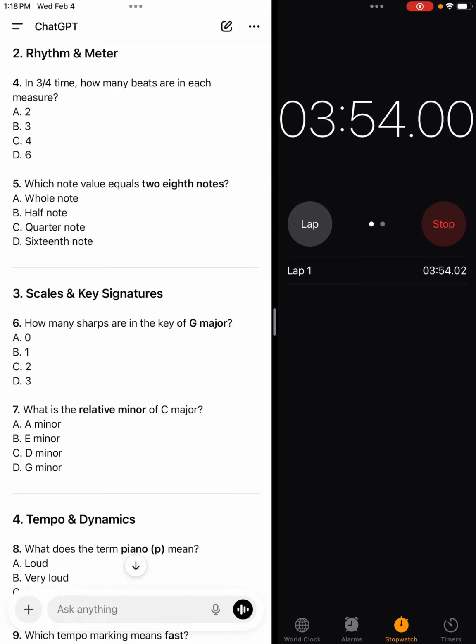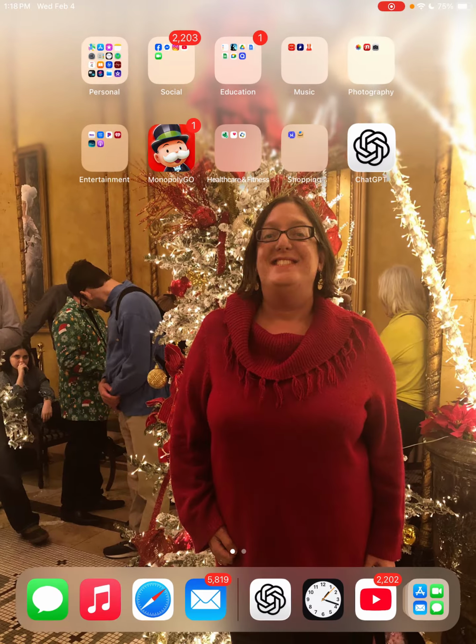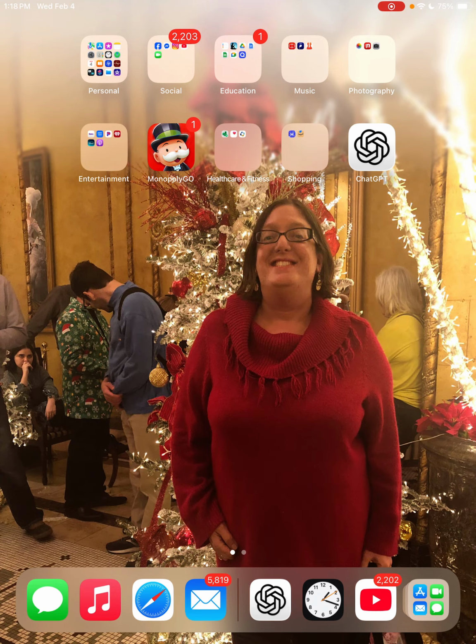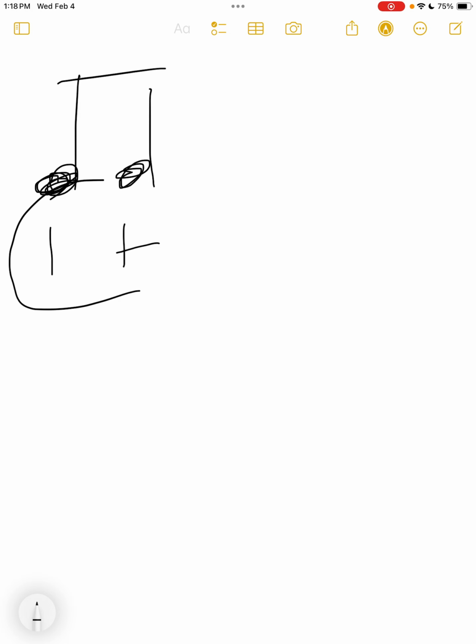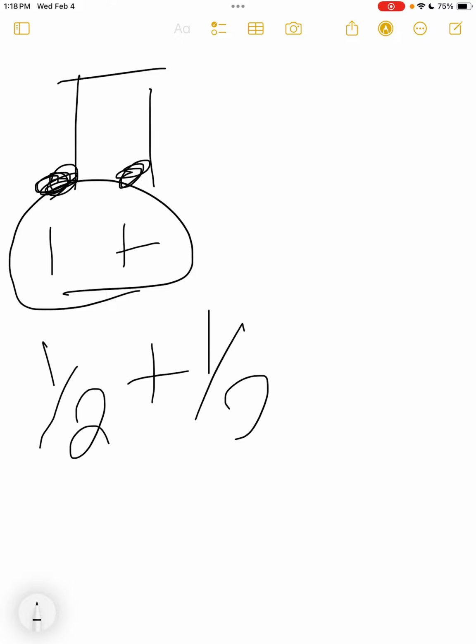Let me write it and spell it out for you real quick. For two eighth notes, it's typically 2 of these: 1 and. The eighth note is half of a beat, plus the other half of a beat.